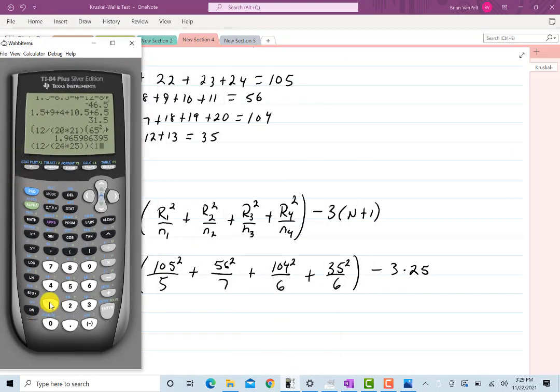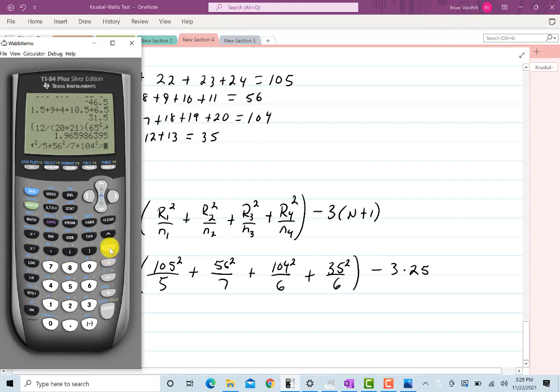We're going to have 105 squared divided by 5 plus 56 squared divided by 7 plus 104 squared divided by 6 plus 35 squared divided by 6.